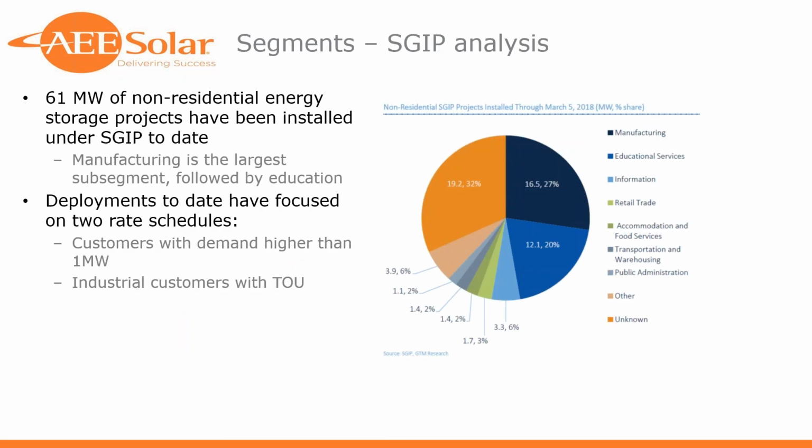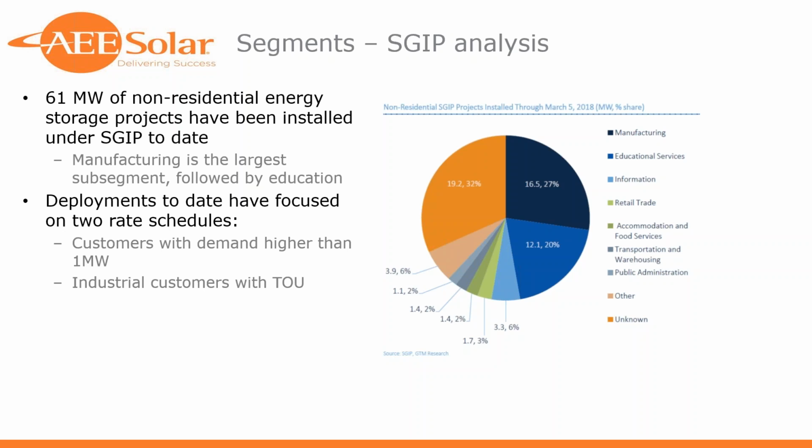One of the lagging indicators we've got access to is the installed base data from the SGIP program. Now, this is a screen cap, so depending on how you're viewing this presentation, the graphic here could be a little hard to interpret. But in broad strokes, since its inception in 2015, 61 megawatts, not megawatt hours, but 61 megawatts of non-resi energy storage projects have been installed to date.